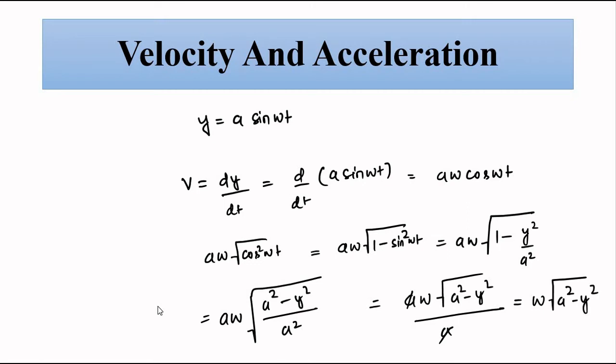So the velocity of SHM is equal to omega into root over a square minus y square.